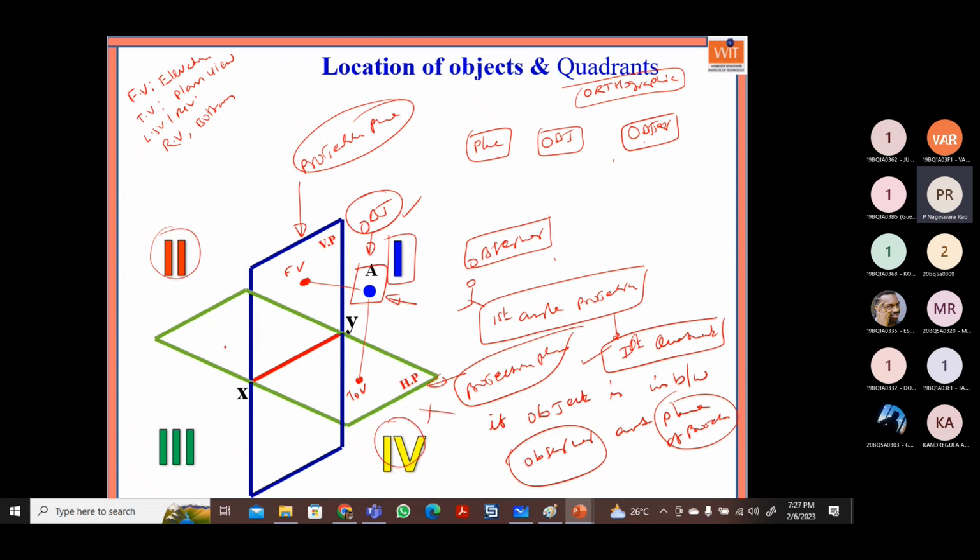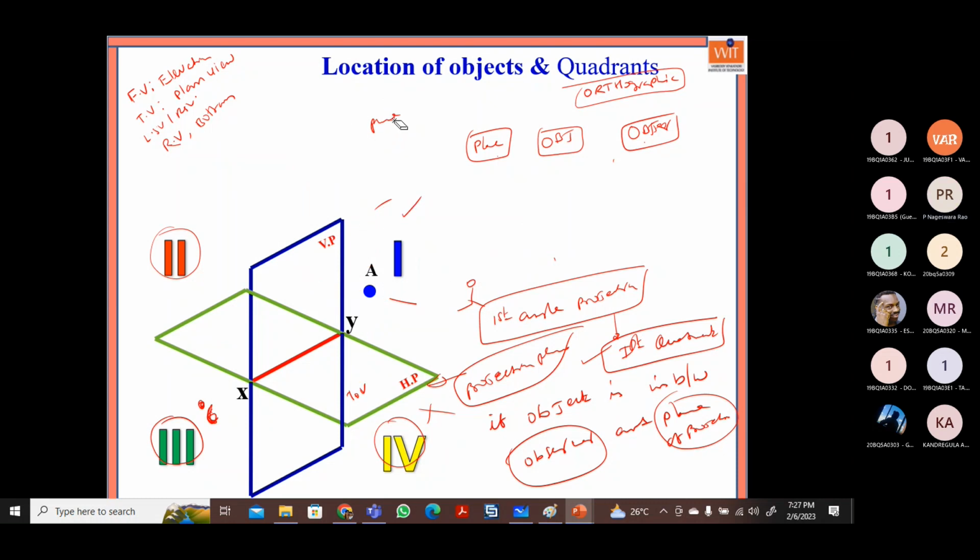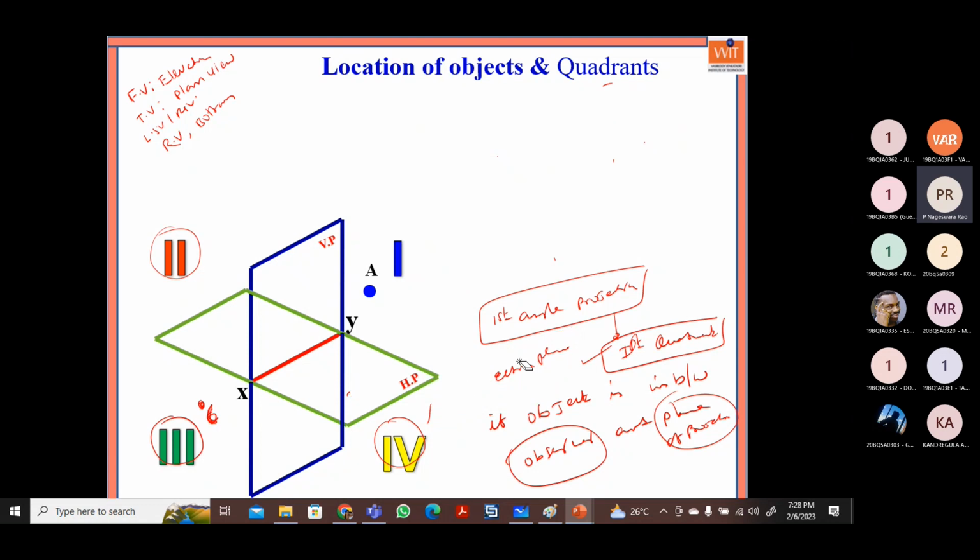Whenever we take the third quadrant, see, if the object is in the third quadrant, I'm just arranging these things to avoid confusion. So if the object is in between the observer and plane of projection, then simply the type of projection is first angle projection.